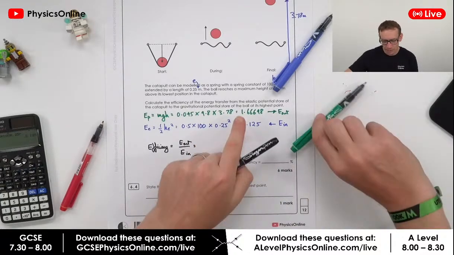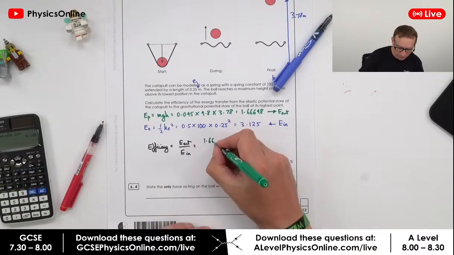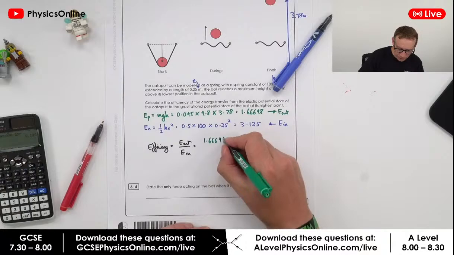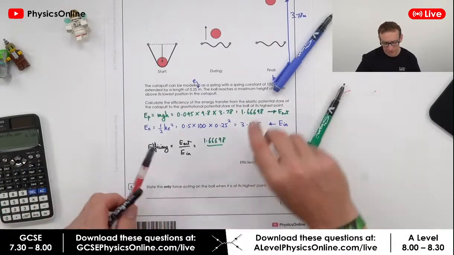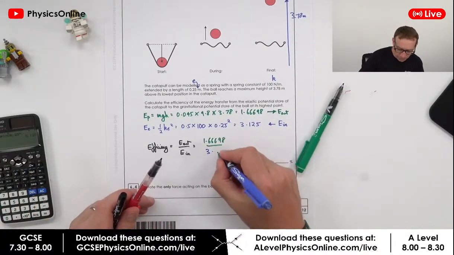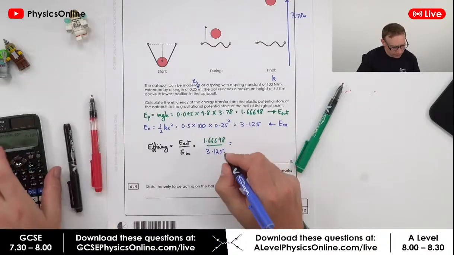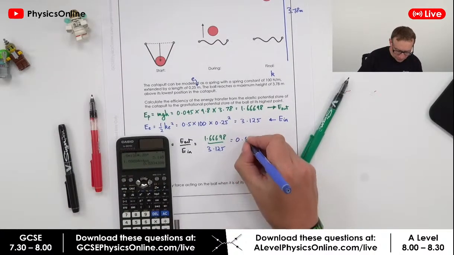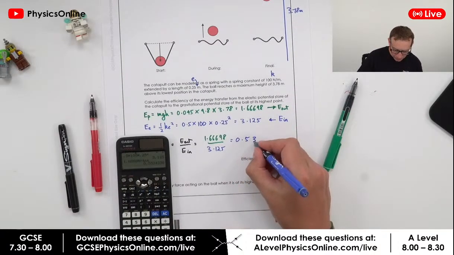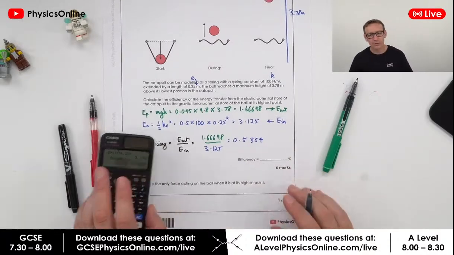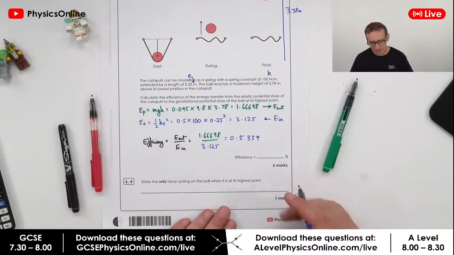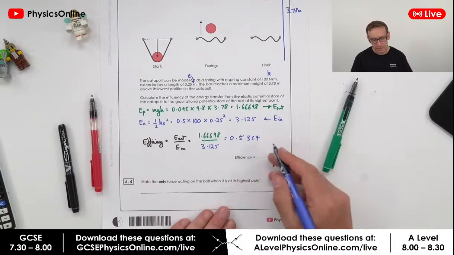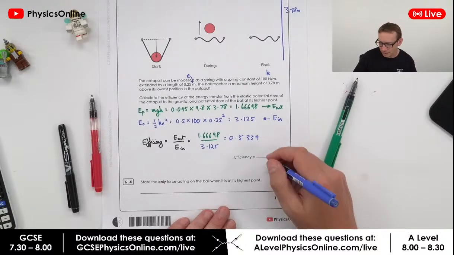The energy out was equal to 1.66698 divided by the total energy in, which was 3.125. And this is equal to 0.5334. But of course, our answer has to be given as a percentage. So 0.53 is the same as 53%.